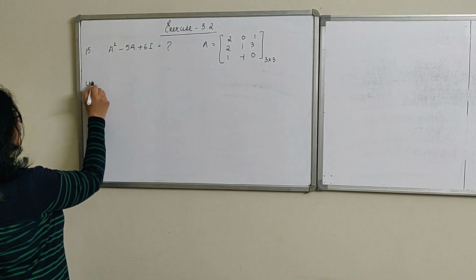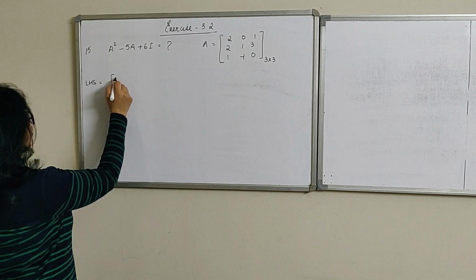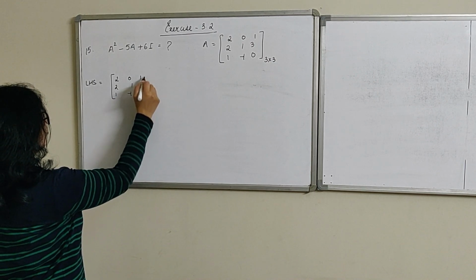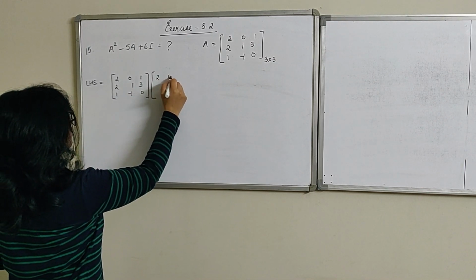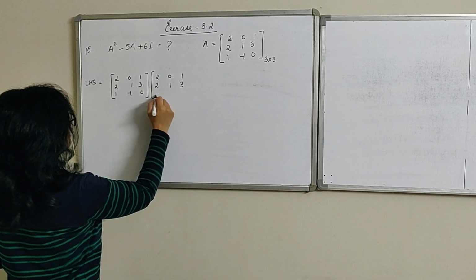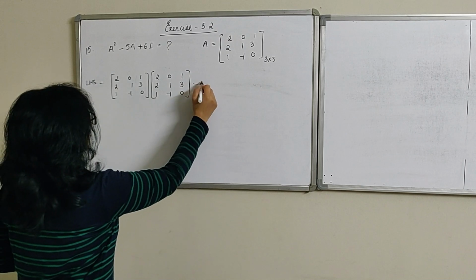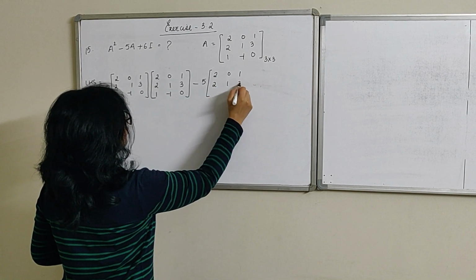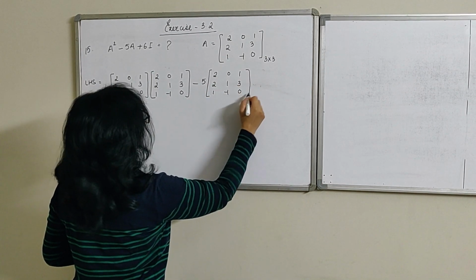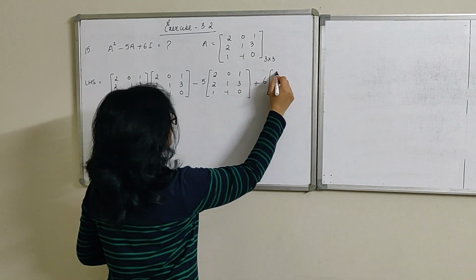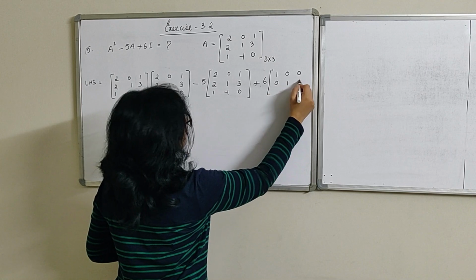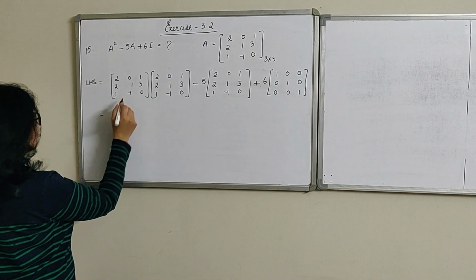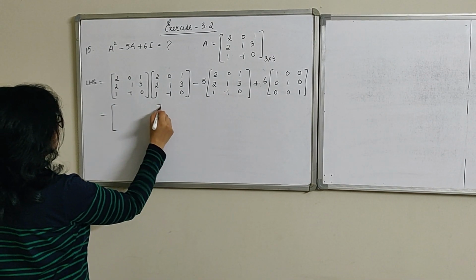So starting from the left hand side, A square, that means A into A, minus 5 times matrix A, plus 6 times identity matrix of the same order. So this product will give us a 3 by 3 matrix.